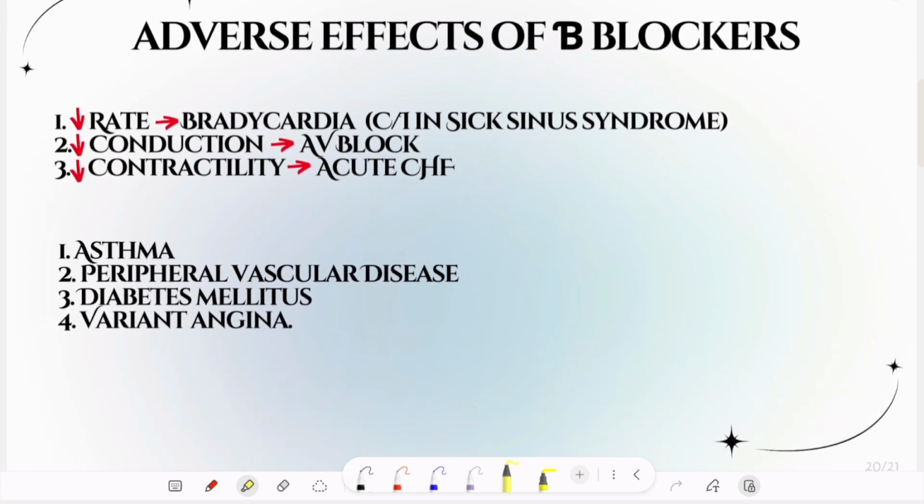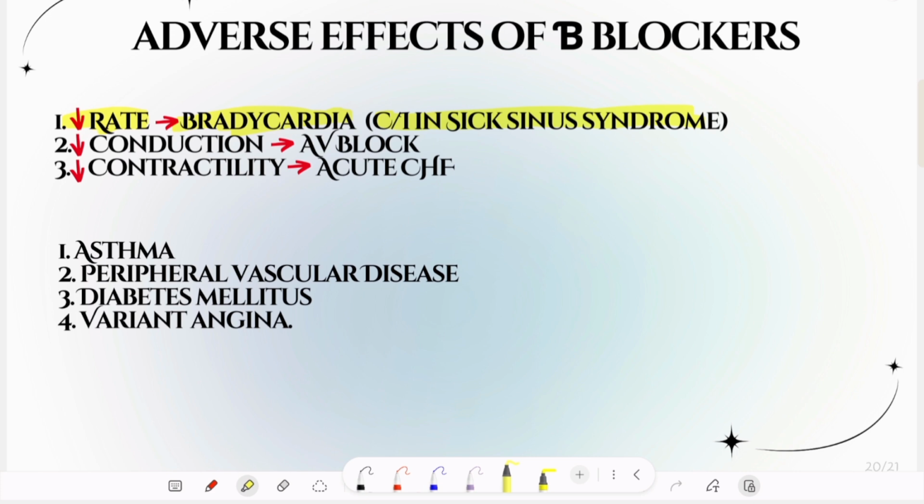Now, after the use, we will move to adverse effects of beta blockers. We know that beta blockers block the SA node beta receptor and that decreases the heart rate. So that will lead to bradycardia. So it is contraindicated in sick sinus syndrome. In sick sinus syndrome, the SA node is already sick and cannot produce a minimal heart rate and there is already bradycardia. So we cannot use beta blocker in sick sinus syndrome.